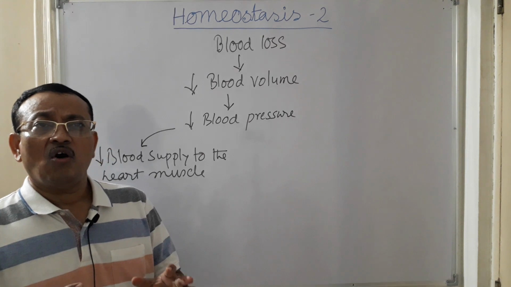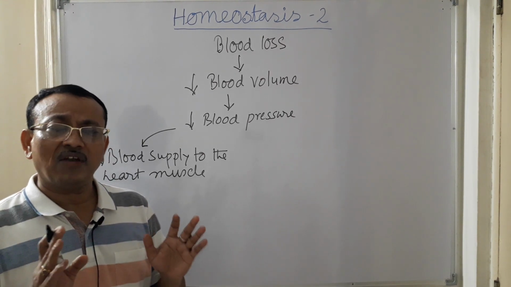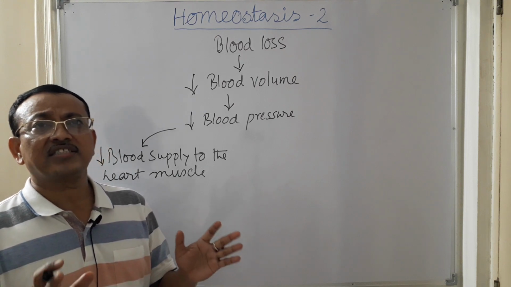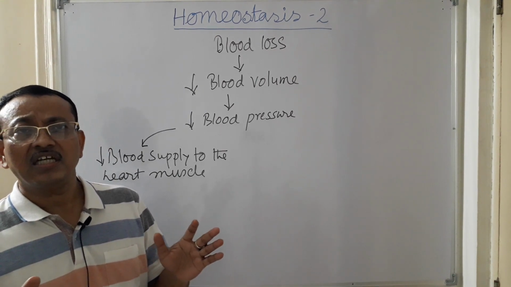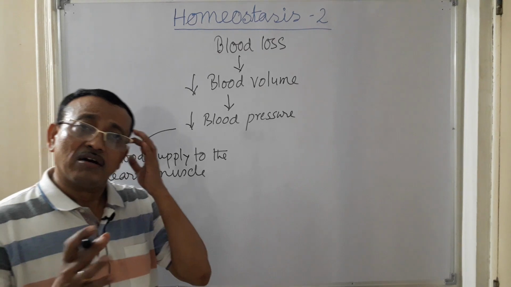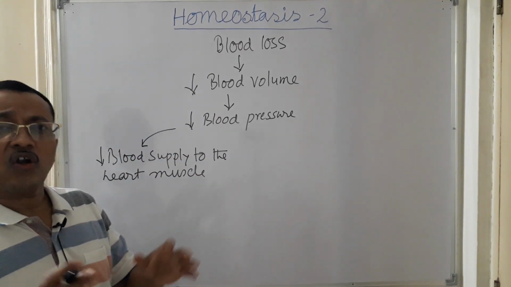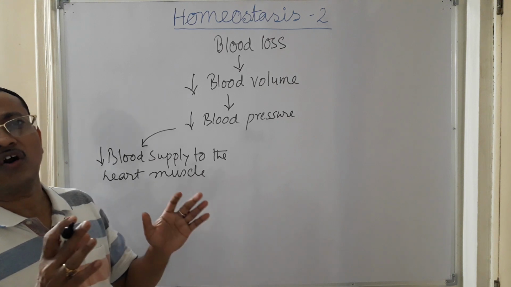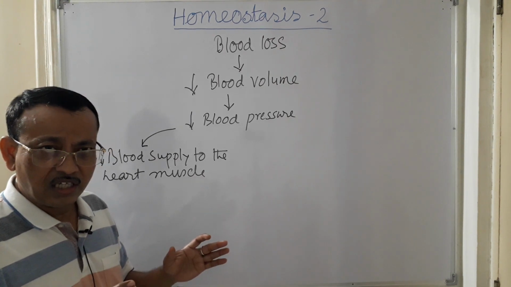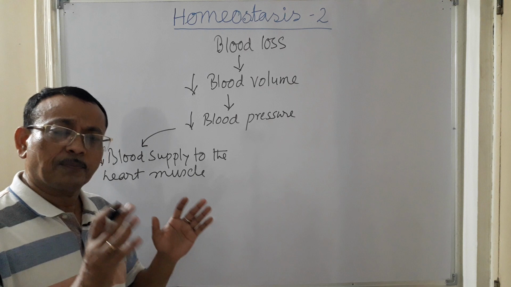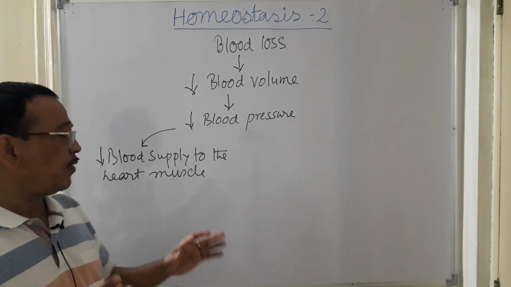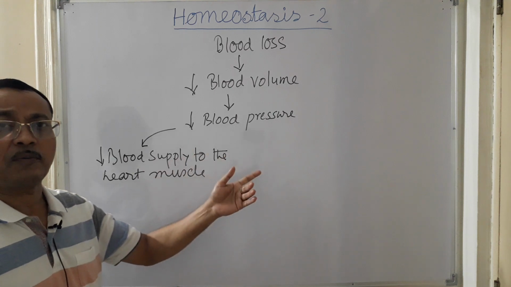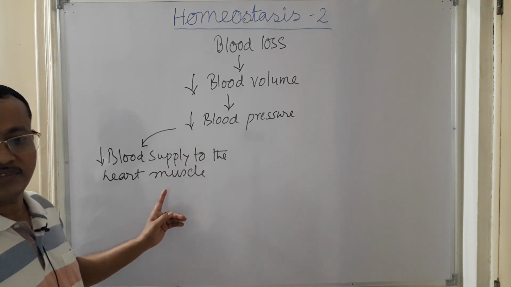For normal functioning, a cell requires oxygen, energy, and different types of nutrients. All of this they get from the internal environment or the extracellular fluid, and supply of these substances is dependent on the blood circulation to the particular tissue, and thereby to the heart muscle.